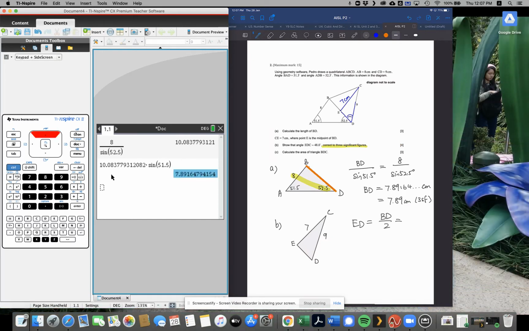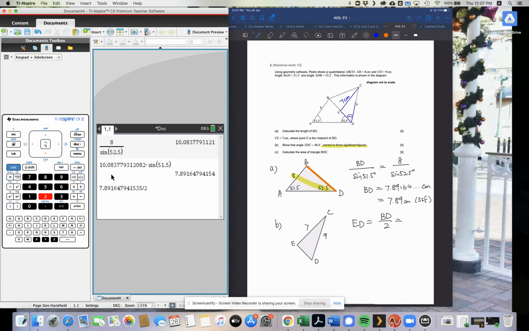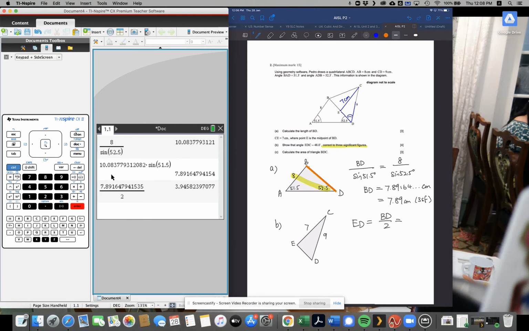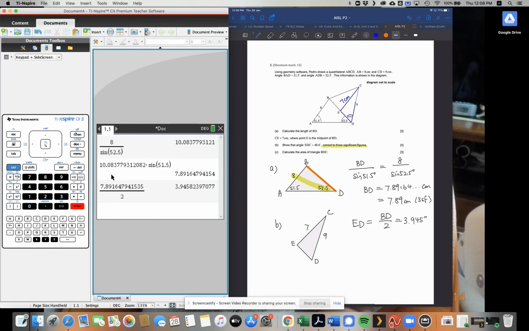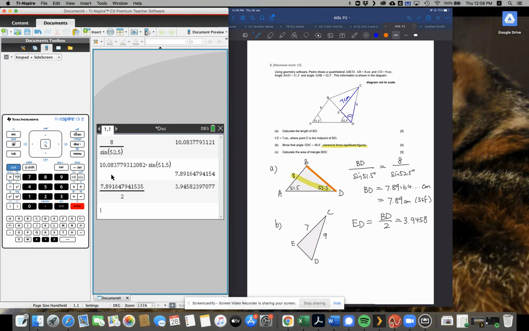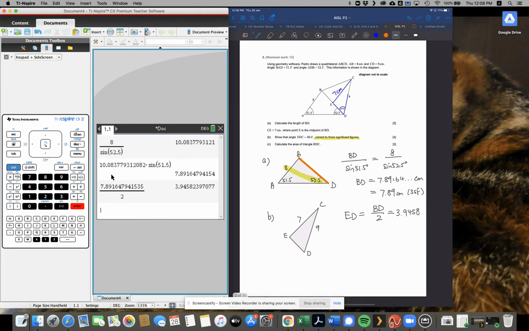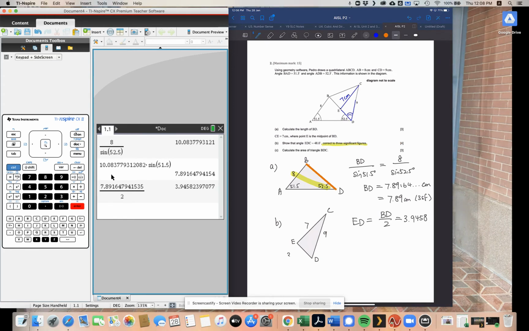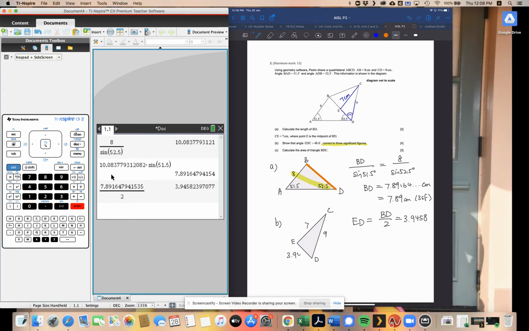Half of BD, divided by 2, we will have 3.9458. I'm keeping a little bit more decimals to make sure my final answer is accurate. So this is roughly 3.9458.